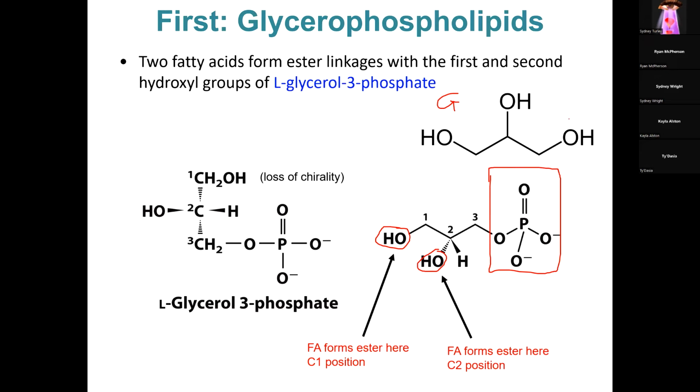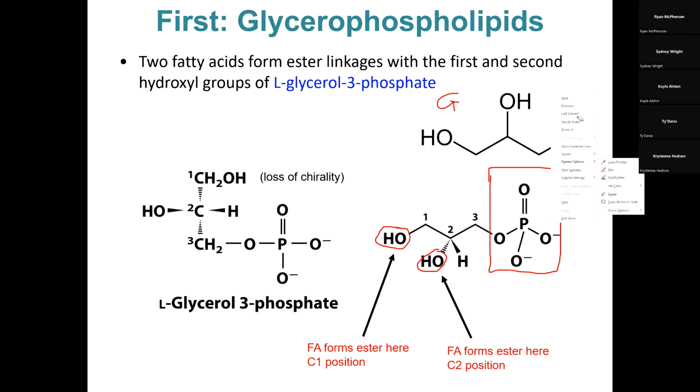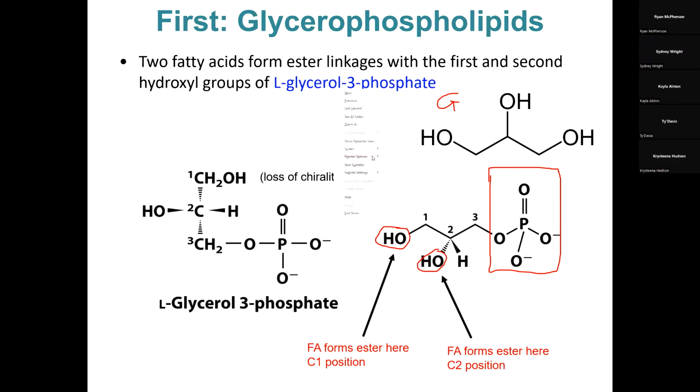The way that these tend to be named is that the phosphate is known as, where's my pointer gone? There it is. The phosphate is known as carbon number 1. No, sorry, I got this the wrong way around. Sorry, the furthest carbon from the phosphate is carbon number 1.